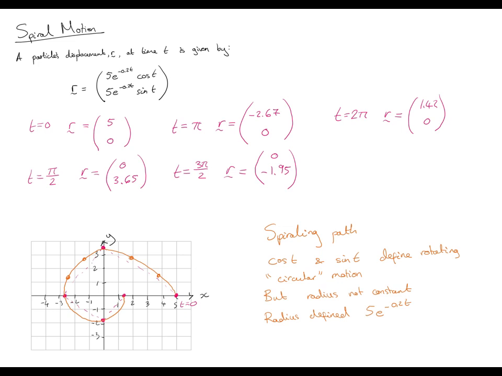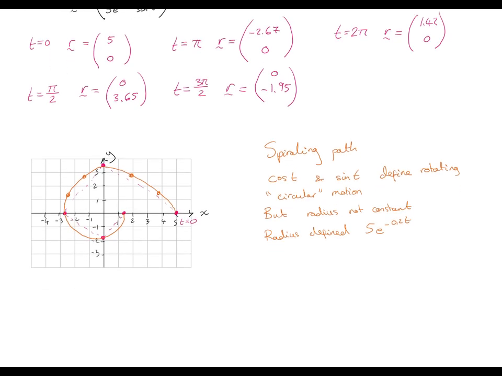Let's think about what happens to that radius as time goes on. So we could say as time t gets bigger or tends to infinity, 0.2t gets big.